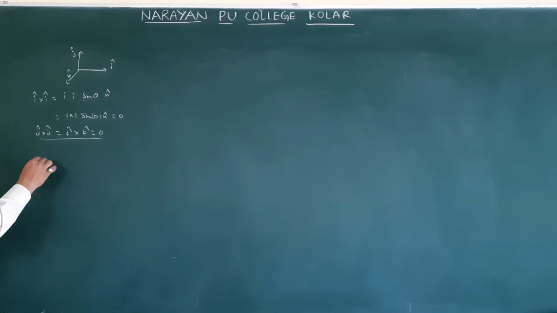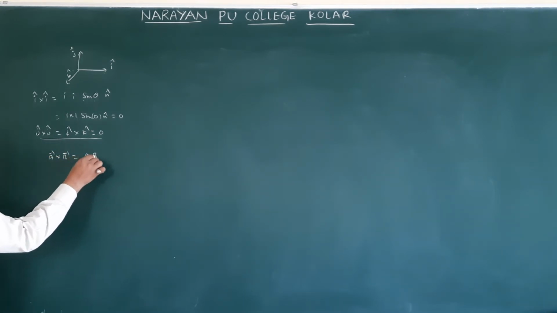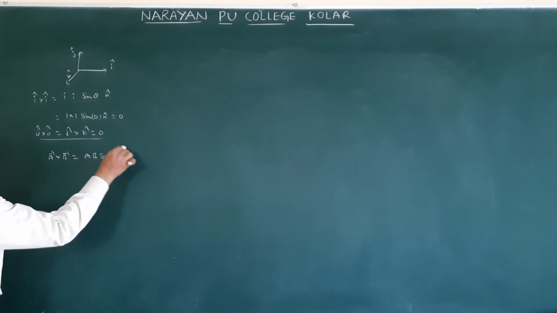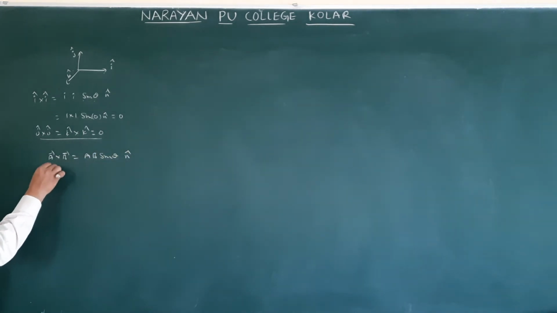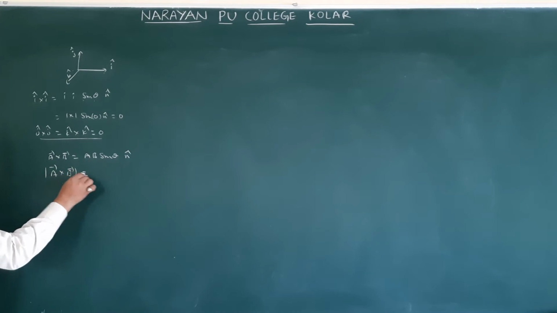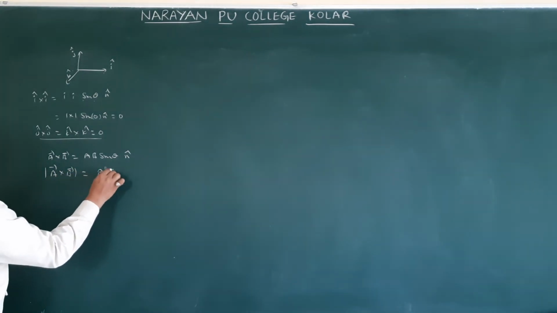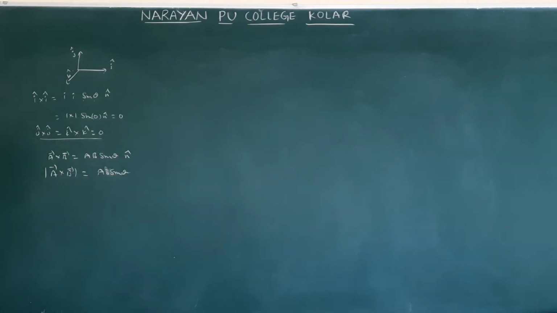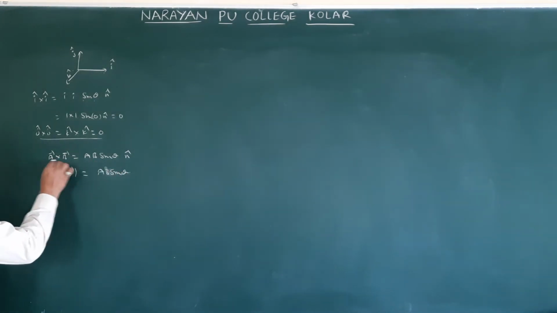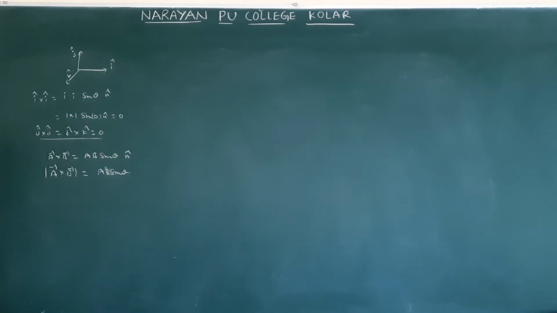Next we give the general formula. A bar cross b bar is equal to ab sin theta n cap. Like that, the modulus of a bar cross b bar is equal to ab sin theta. If you divide these two, you will get n cap.